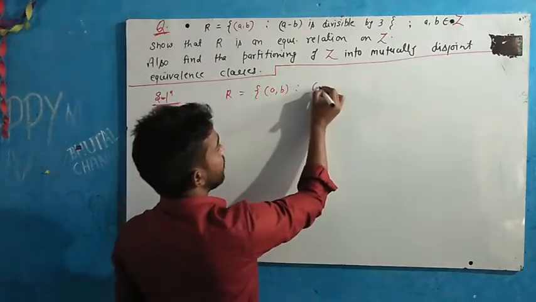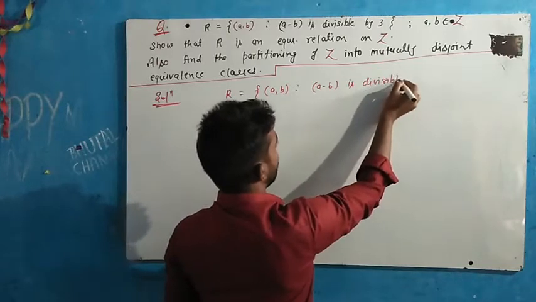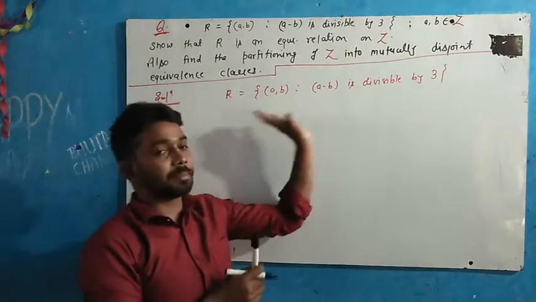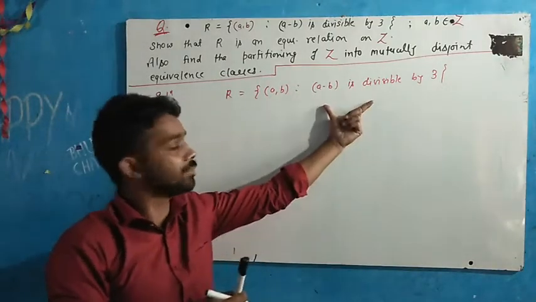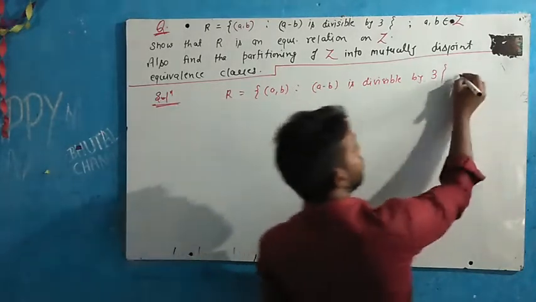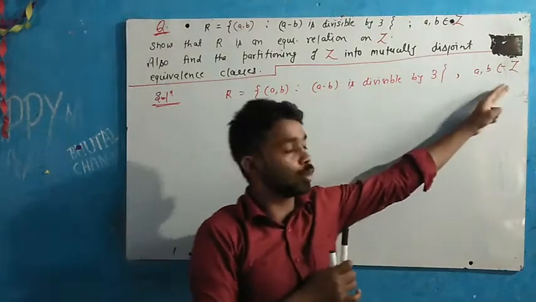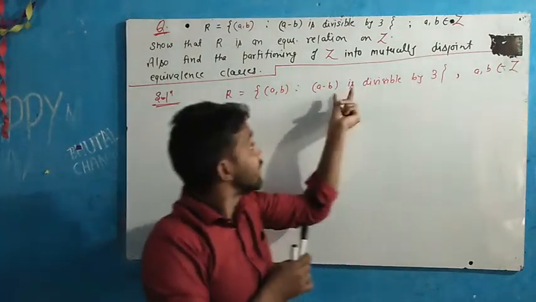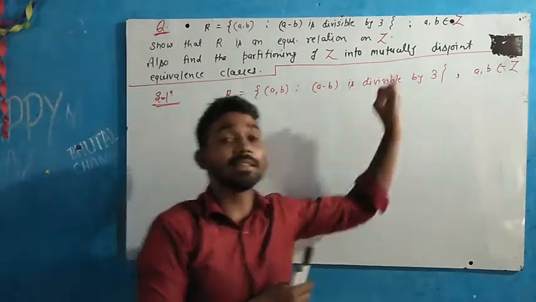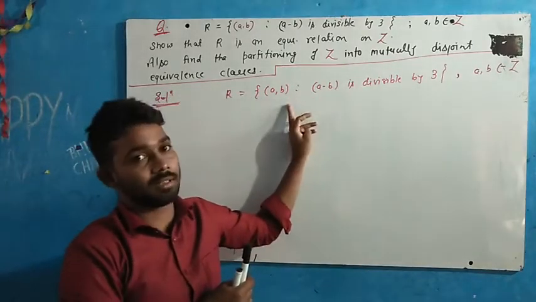Just try to understand the meaning of this relation R. It is saying if we take two numbers a and b, both belonging to the integers, such that their difference is divisible by 3, then these two numbers must lie in the relation R in the form of an ordered pair.